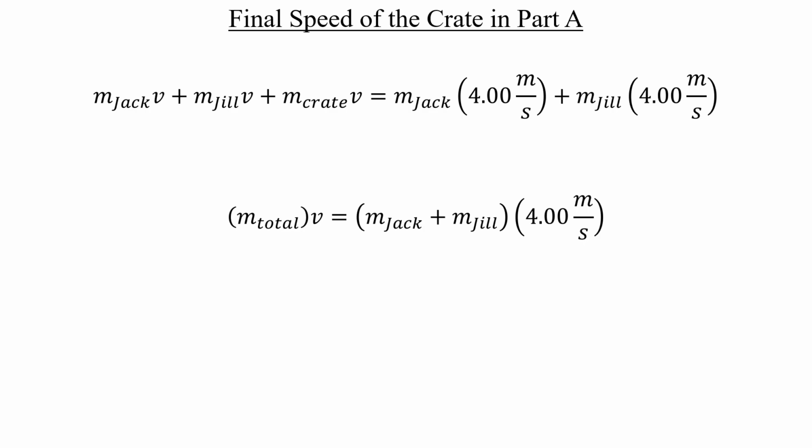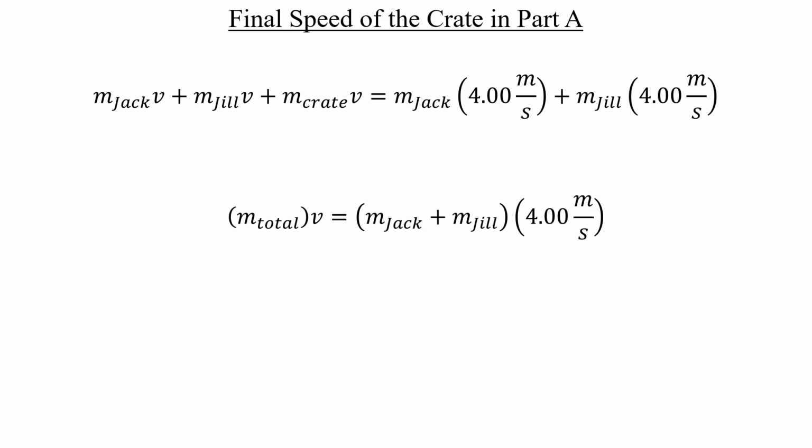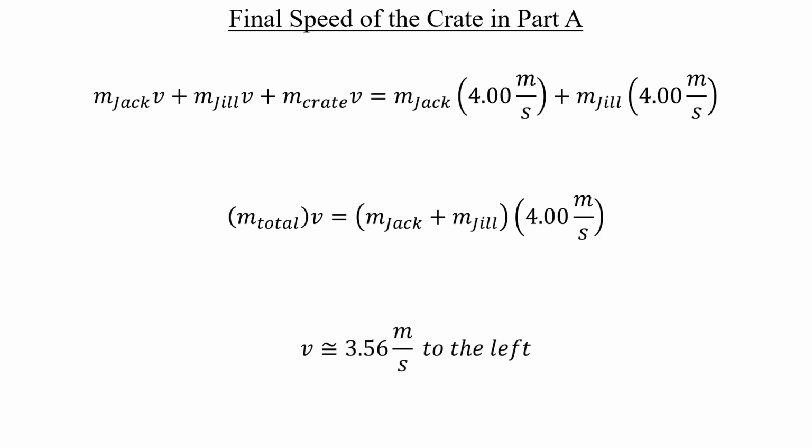Divide both sides by that total mass, and now we're ready to get the value of v. When we plug in the numbers, we find that the final speed of the crate in part A is approximately 3.56 meters per second to the left. And part A is now done.